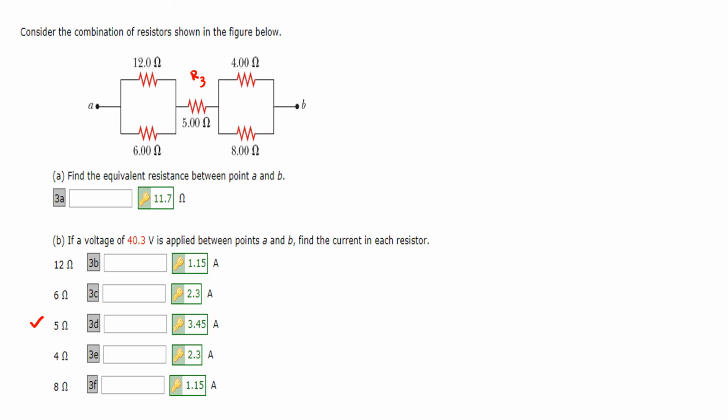And now we would proceed to solving for the current through resistor 1, resistor 2, resistor 4, and resistor 5. Let me just label that R1, R2, R4, and R5. Again, we will just draw the simple combination of these 5 resistors, and in this case we were able to simplify it by having 3 resistors in series.